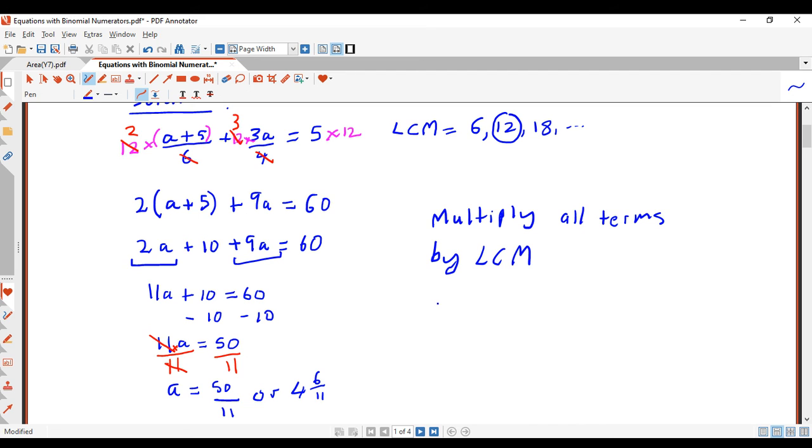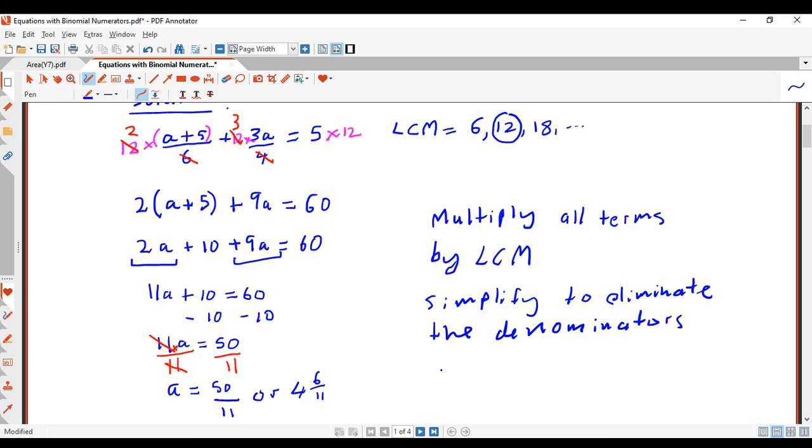And once you've done that, then you simplify. You divide out the numerators to get rid of the denominators, to eliminate the denominators. And then after that, you can just solve the equation.